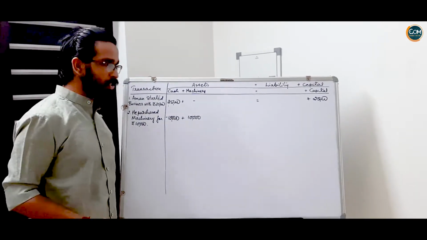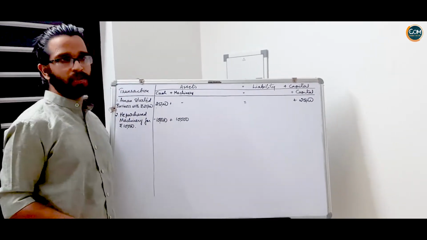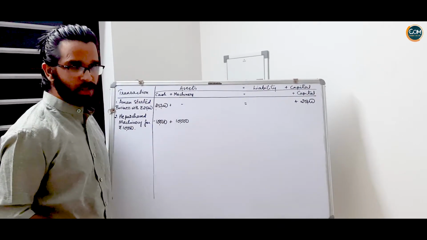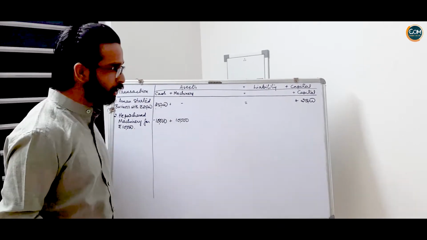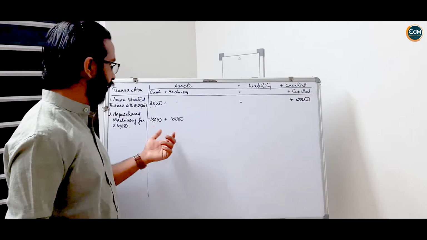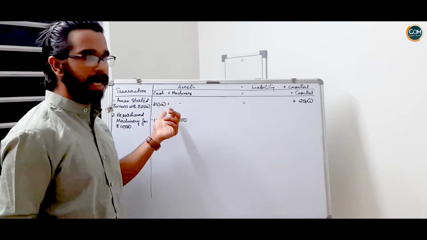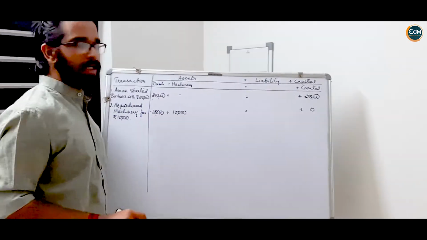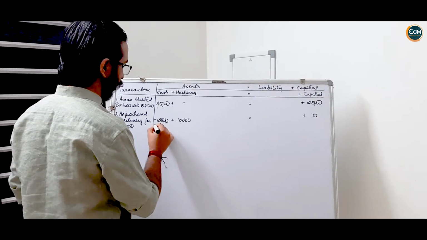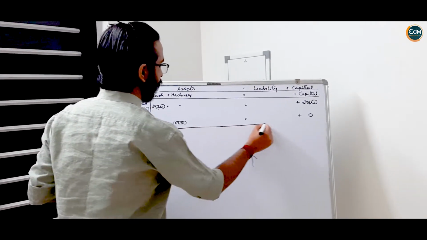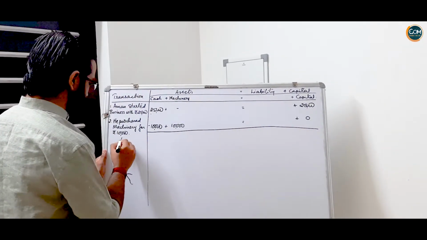Is there any change in the capital? No, the capital will not change because the capital is distributed in the form of cash and machinery. Now, let us equate this equation and form a new equation.